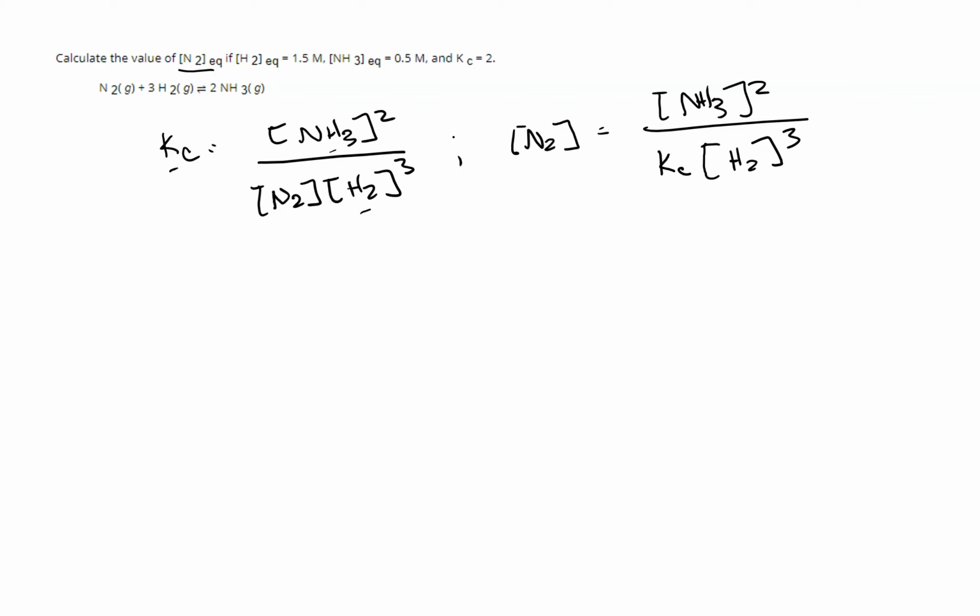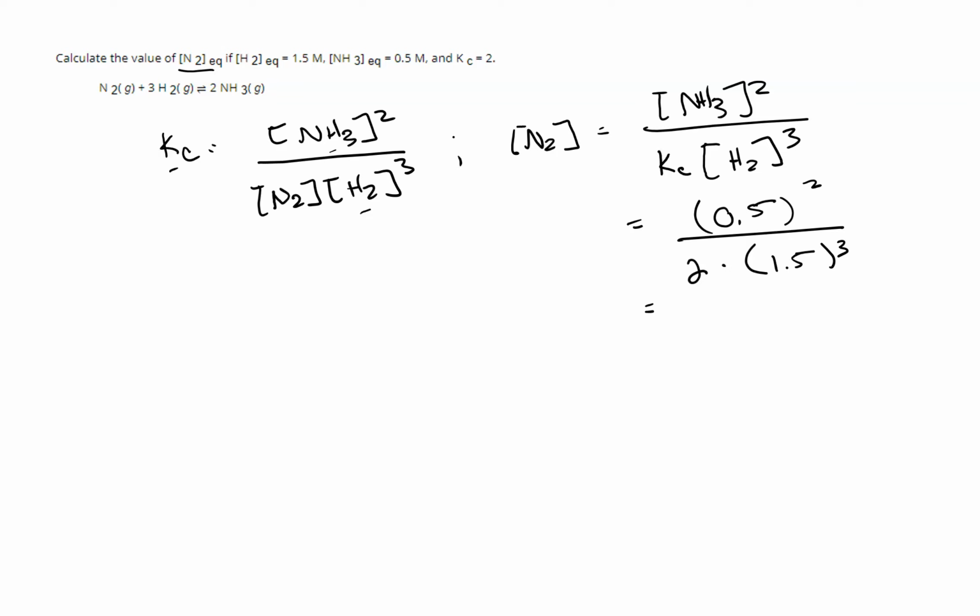So in this case, the concentration of ammonia is 0.5 moles per liter squared, over the equilibrium constant of 2 times 1.5 moles per liter cubed.